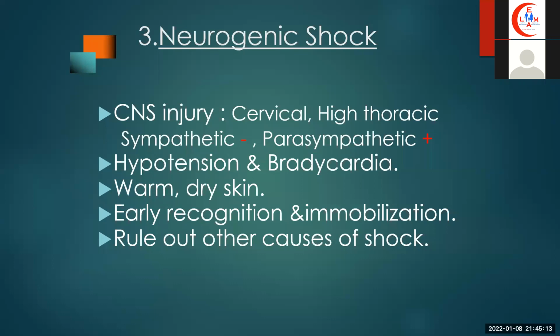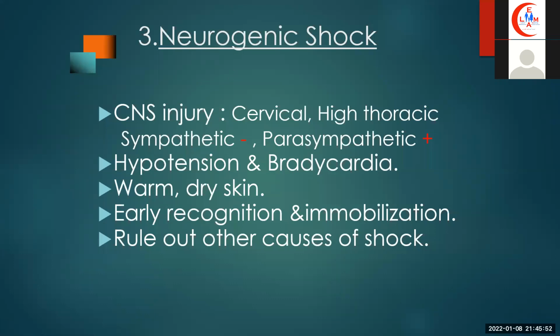It's very important to recognize it, especially if the patient had an injury to the spine. But it's very important to rule out other causes of shock, okay? Especially hypovolemic shock. So if the patient is still in a state of shock, hypotensive and bradycardic, you have to think about neurogenic shock, because this is the only shock with bradycardia.